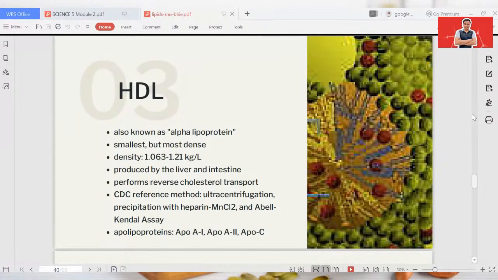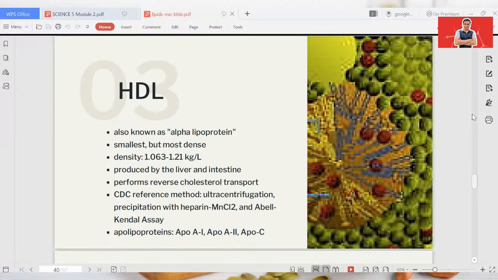HDL is the smallest but the densest lipoprotein and has a density of 1.063 to 1.21 kg per liter. It is synthesized in the liver and in the intestine. HDL molecules are recycled from chylomicron and VLDL molecules.